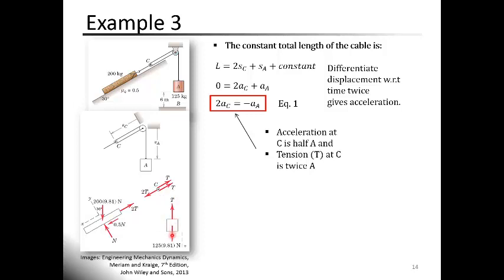The weight force is going down, and we'll assume that the tension in the cable is T. This tension in the cable moves to the pulley C. For pulley C, on the top we have a tension in the cable T, and because we still have the same cable around the pulley, on the other side we have T as well.